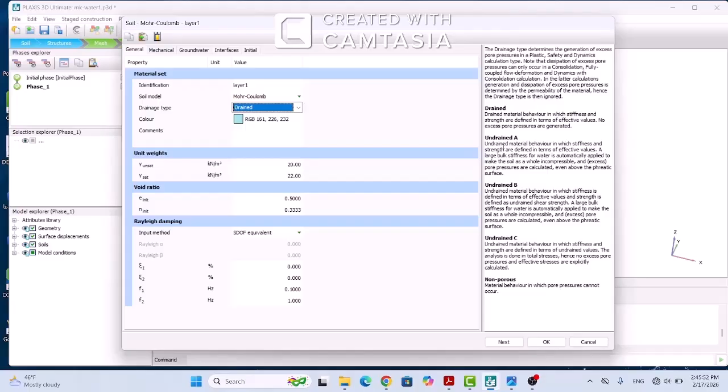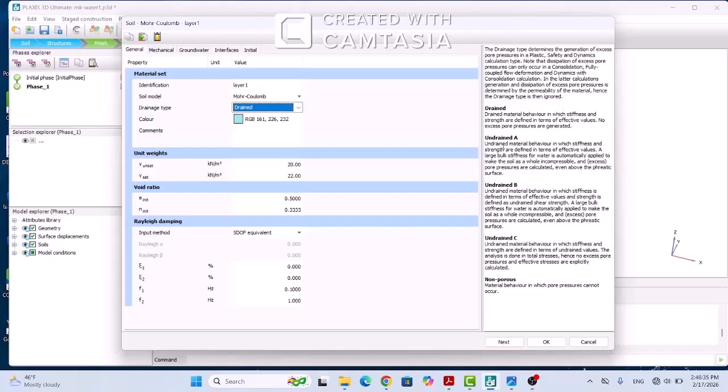So these parameters must be effective parameters in undrained A. And also strength parameters, for example cohesion and friction angle, must be effective parameters too for undrained A. But for undrained B, stiffness parameters must be effective and strength parameters must be total parameters, not effective parameters. This is the difference between undrained A and undrained B.